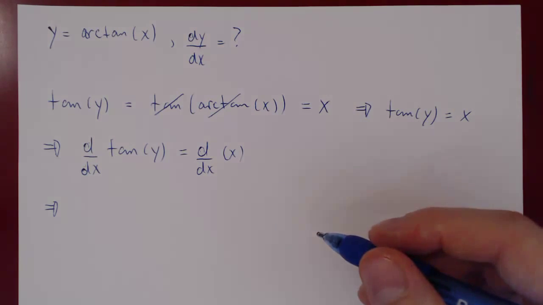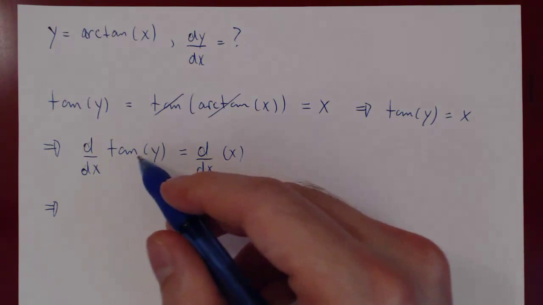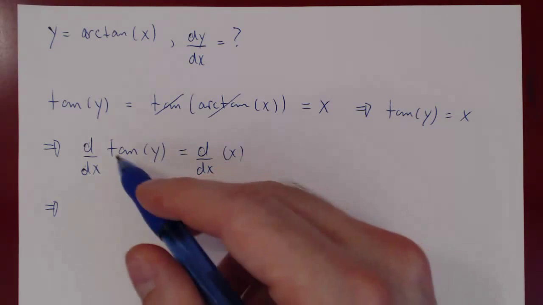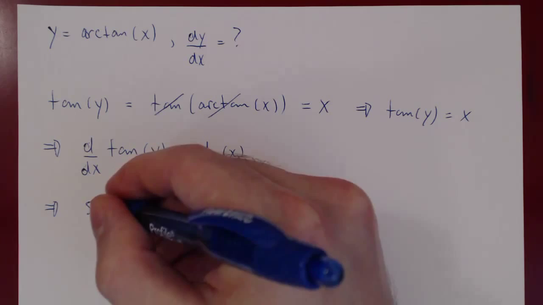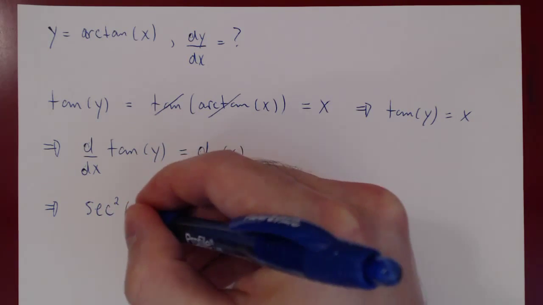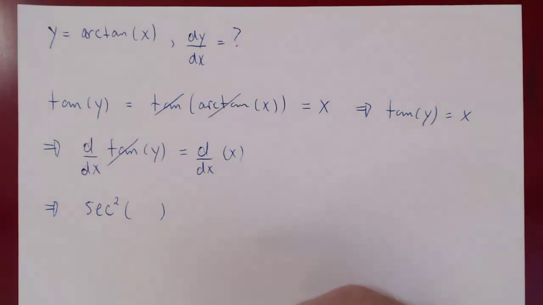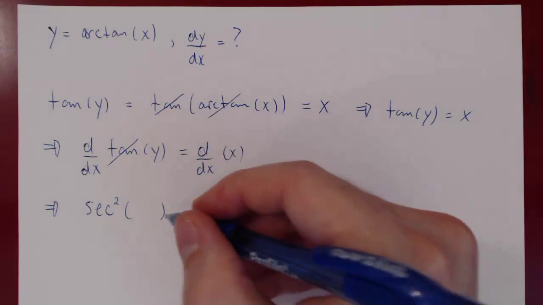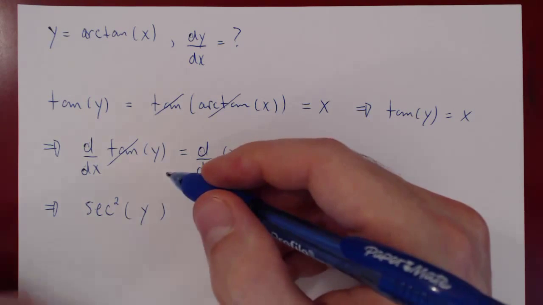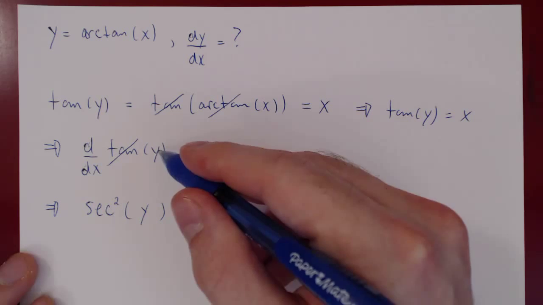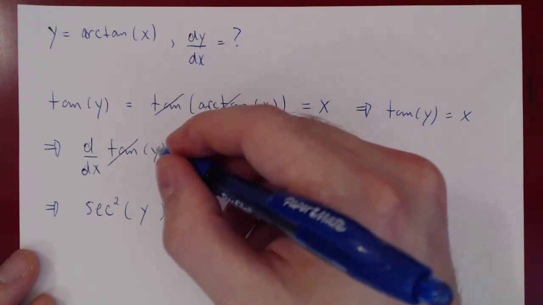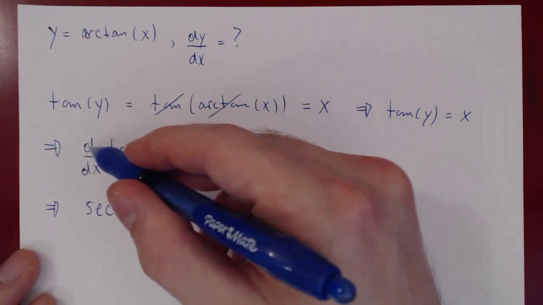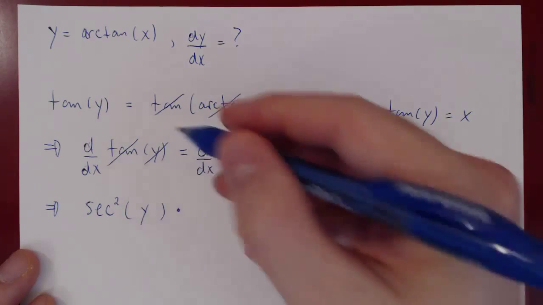Once again, being careful by applying the chain rule, this is tangent of y, we have a composition. The derivative of tangent is, if you recall, secant squared of what? Of what's left over, which is y. But there is still a y that's left over. So we have to use here the chain rule and multiply what we have so far by the derivative of what's left over, and that is, of course, dy over dx.